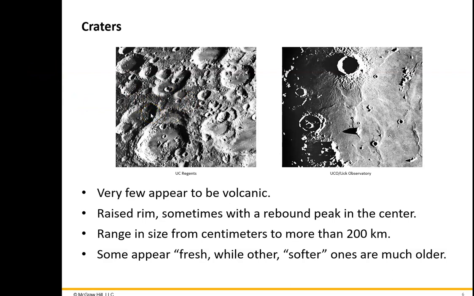In fact, any volcanic activity on the moon died down long ago, very shortly after the formation of the moon. And we're going to get into the formation of the moon, the collision that caused it, shortly. All right, so they range in size.